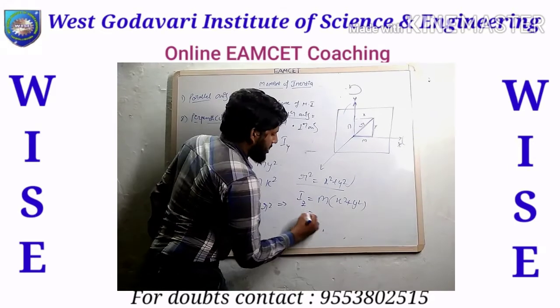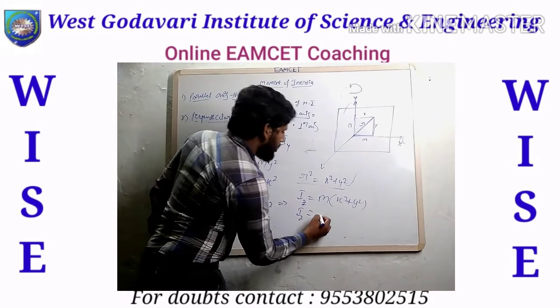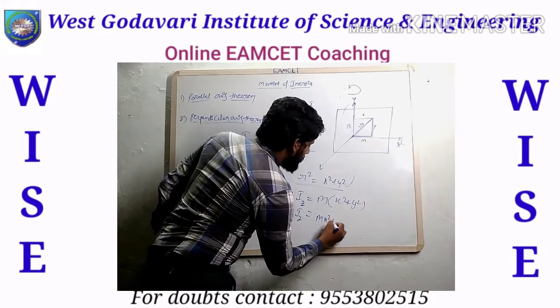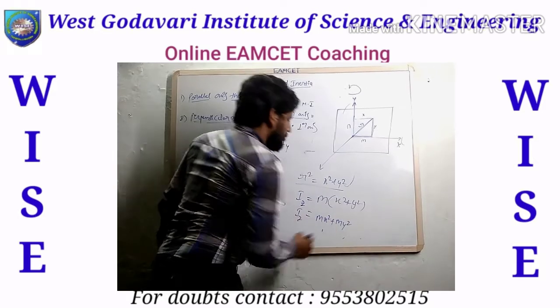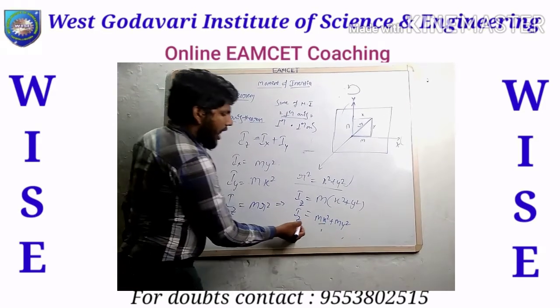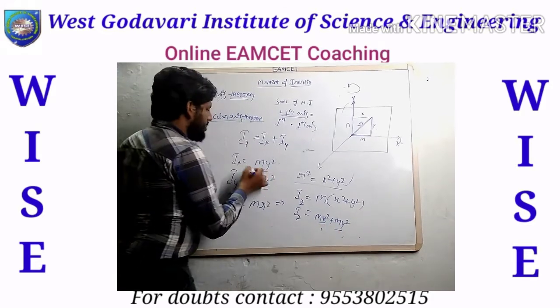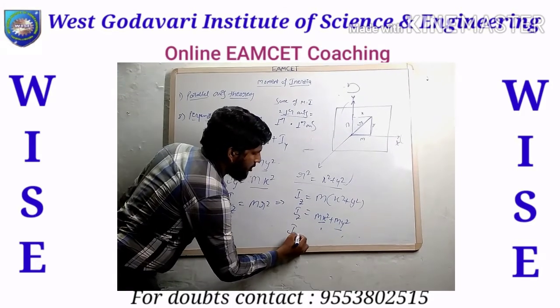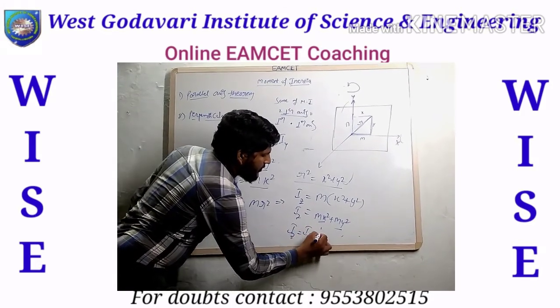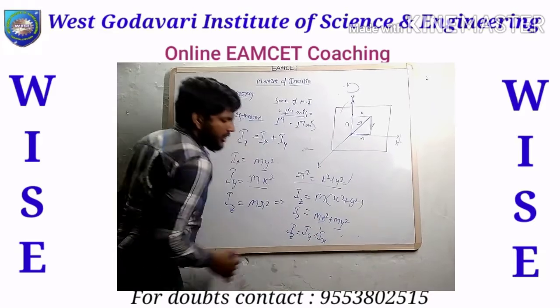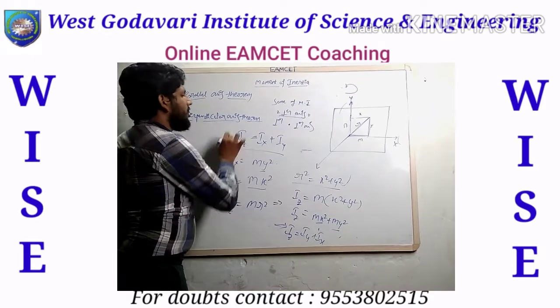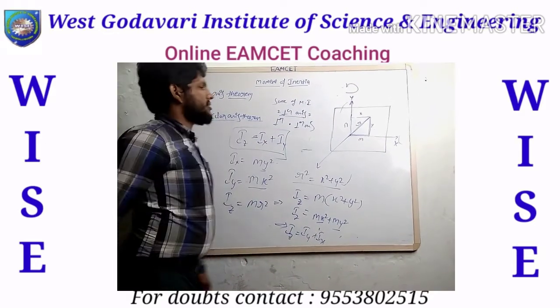Iz equal to mx square plus my square. So simply mx square means Iy, my square means Ix. So Iz equal to Iy plus Ix. This is going to be proved in the equation of the perpendicular axis theorem.